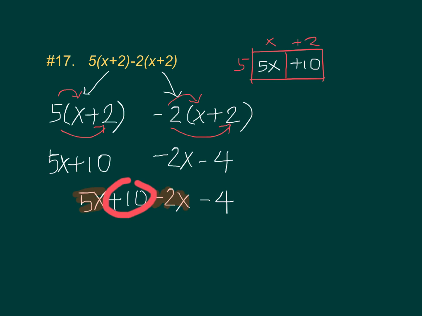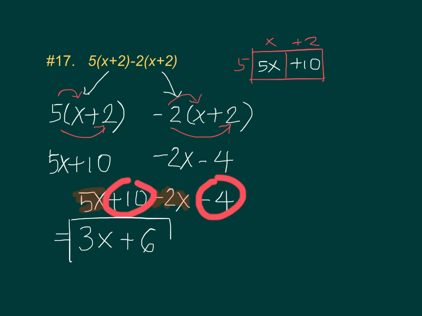So plus 10 is a like term, and then minus 4 is another like term. So let's just combine them. 5x minus 2x gives you 3x. And then 10 minus 4 gives you positive 6, so you write down plus 6. Okay, so this is the correct answer, 3x plus 6.